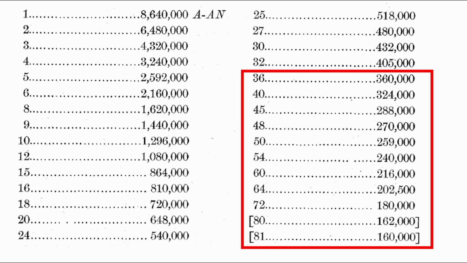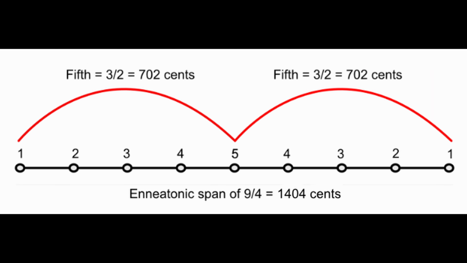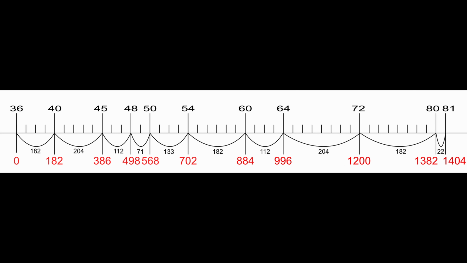This span of 2 conjoined intervals of the fifth is the same which I had extrapolated from my analysis of text Nabni 232. Text Nabni 232 gives 9 pitches, while the Nippur numbers between 36 and 81 produce 11 numbers.